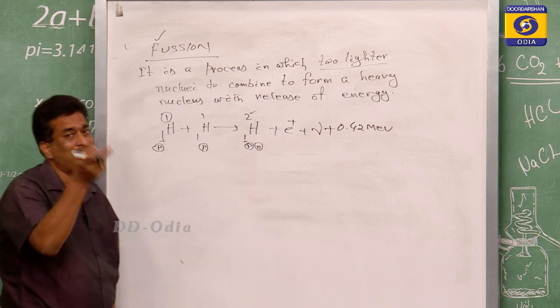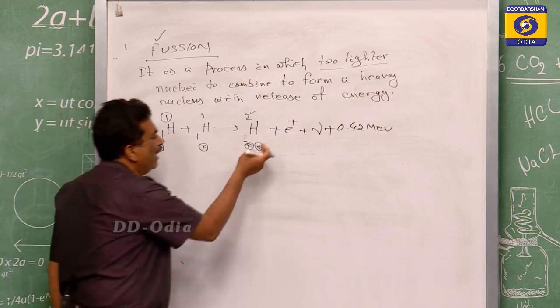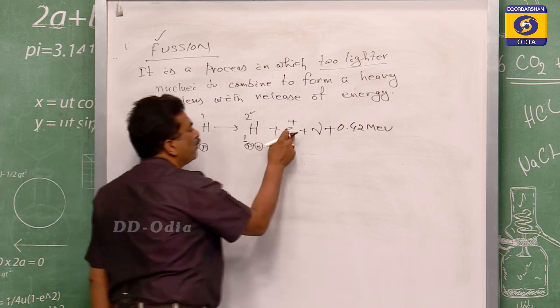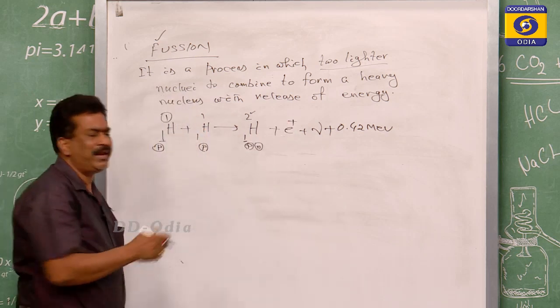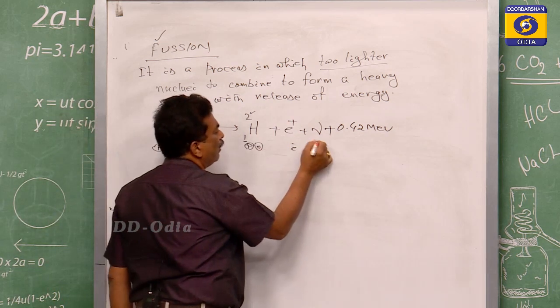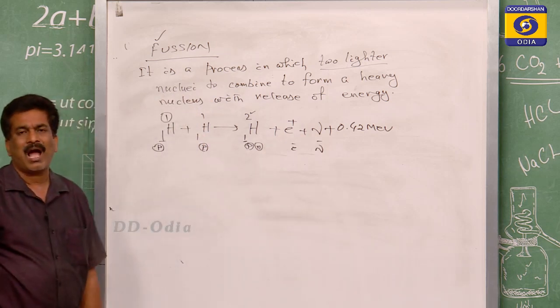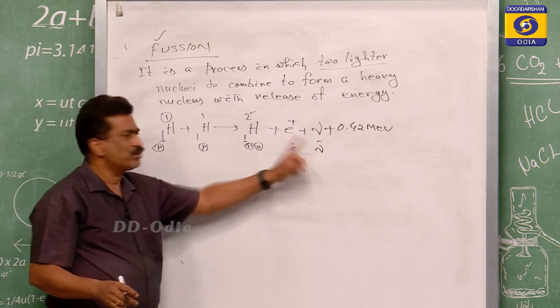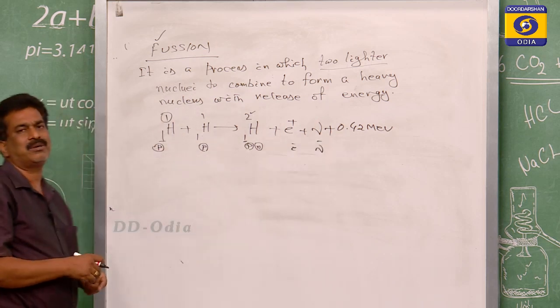But in the reverse case, as we discussed two classes back, if a neutron is converted into a proton, it will produce an electron with an anti-neutrino. So this amount of energy it is producing.